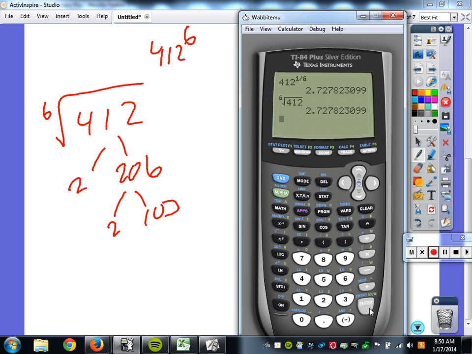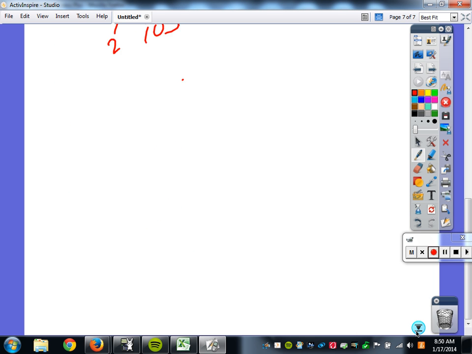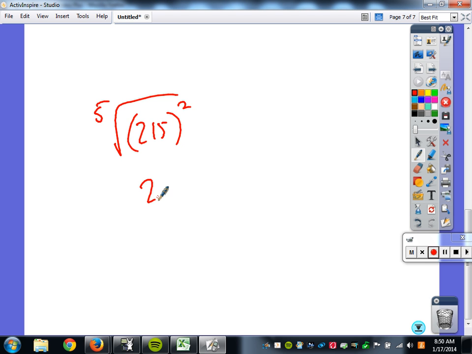What would this look like though? What if you wanted to do, let's say, the 5th root of 215 squared? Well, I've got 2 options. We're going to learn this next time. This is the same thing as 215 to the 2/5.